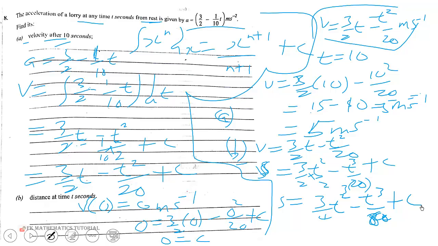So when we apply that condition, s of 0 equals 0, we will get the distance in terms of t to be 3 over 4 t squared minus t cubed over 60 meters.